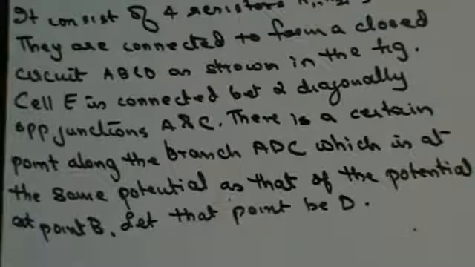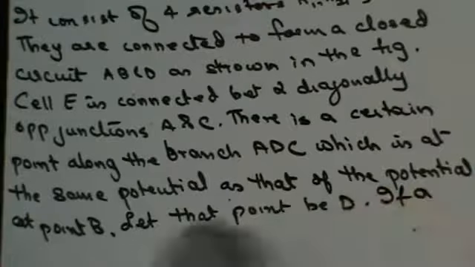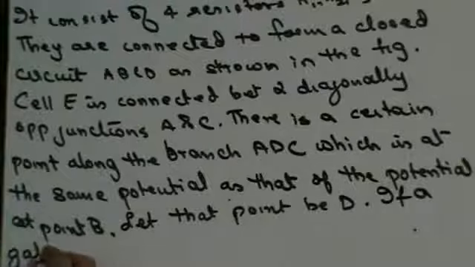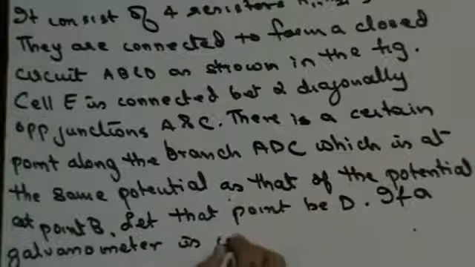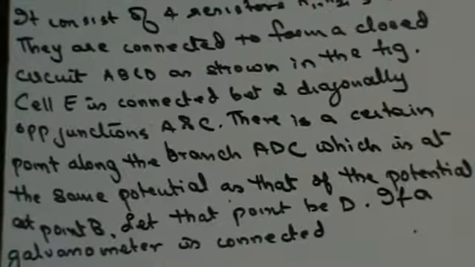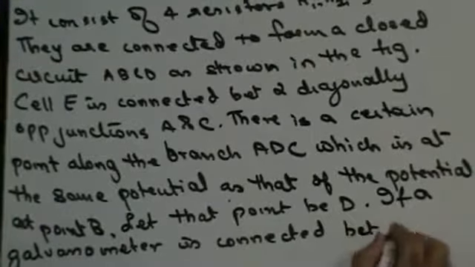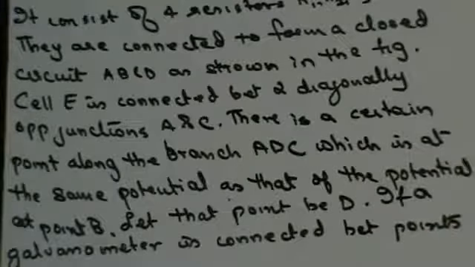So I can say that, thus, if a galvanometer is connected between points B and D, it will not show any deflection even though current flows through the rest of the circuit.